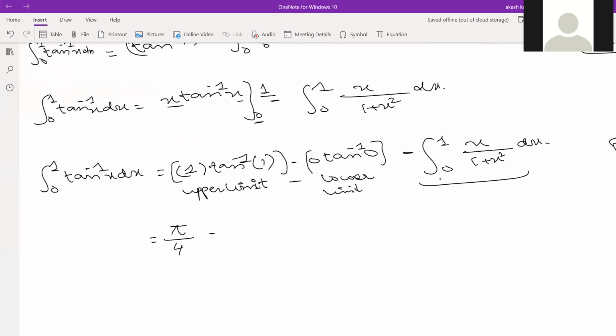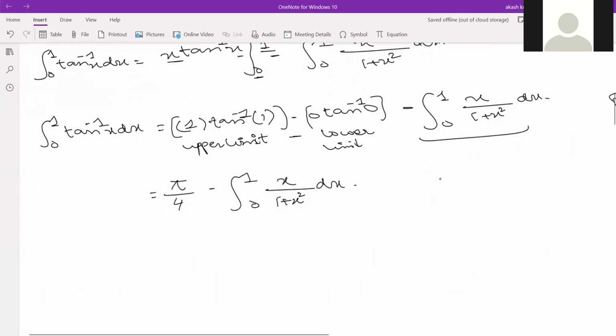And then we have the minus sign, and 0 multiplied with anything makes it 0. Then we have the integral from 0 to 1 of x over 1 plus x squared dx. Here we have substituted 1, here we have substituted 0. 0 multiplied with anything makes it 0.